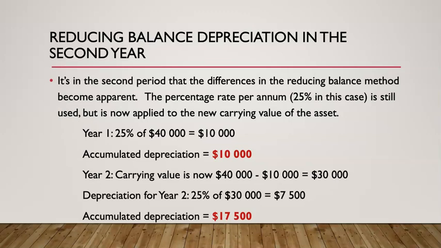We apply the 25% to that $30,000, which means we now have depreciation of year two of $7,500, hence the term reducing balance depreciation, because the depreciation expense reduces each period. We now have accumulated depreciation of $17,500, and our year two general journal entry, which I don't have in this presentation, would be depreciation expense, $7,500 as our debit, and accumulated depreciation as our credit of $7,500.